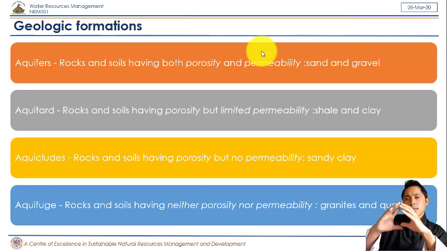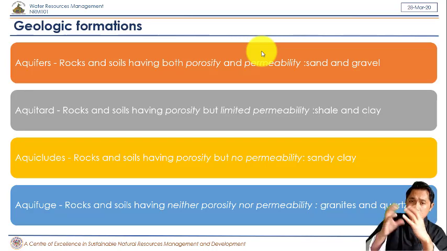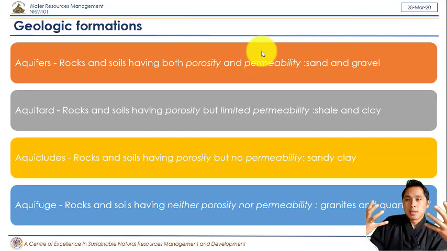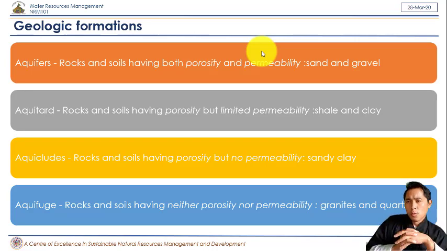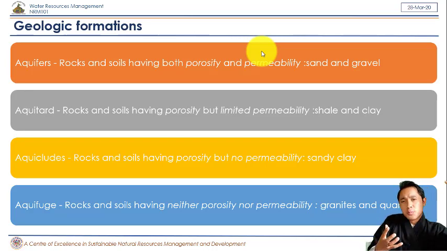Porosity is the measure of air spaces inside the rocks, the cracks and crevices, the pores found within the rocks. In between 2 rocks or several rocks, there will be some pores, and those pores are helpful to store water. The second one is permeability, which is the measure of how easily fluids move from one region to another.